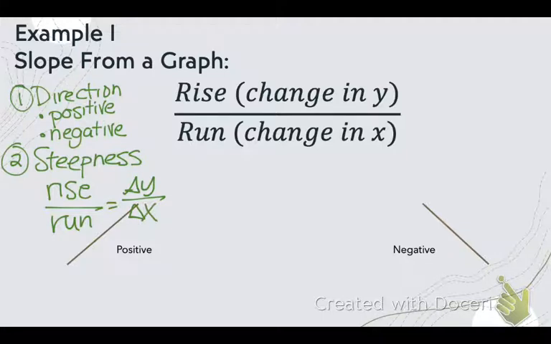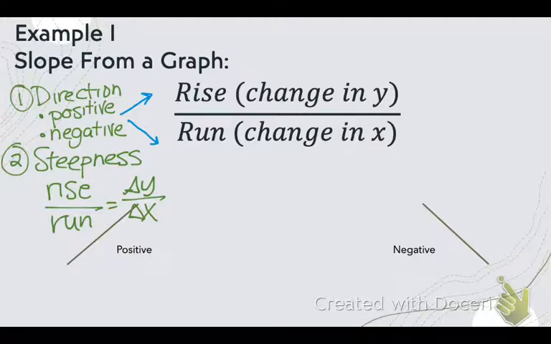If our slope is positive, going from left to right, our slope is going upwards. If it's negative, from left to right, like if you're reading in English, it's going downwards.